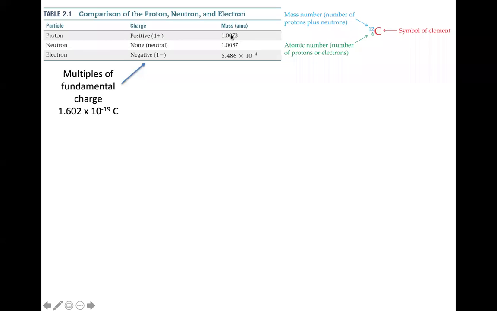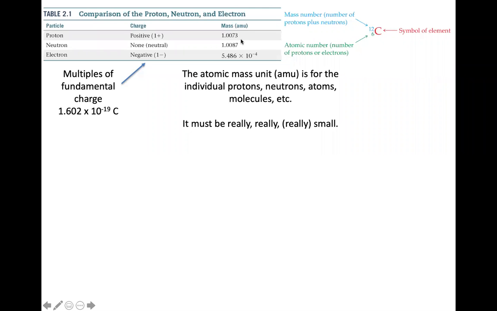If I look closely over here, the mass is listed in AMU. The atomic mass unit, or AMU, that's the mass that we would use when we're looking at individual protons, neutrons, maybe an atom, a specific molecule. But you know, it must be a really, really, really small amount because a proton weighs almost nothing, right?